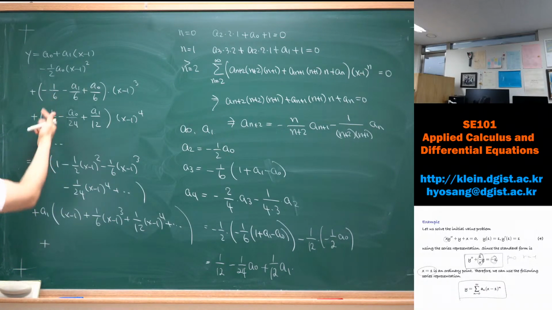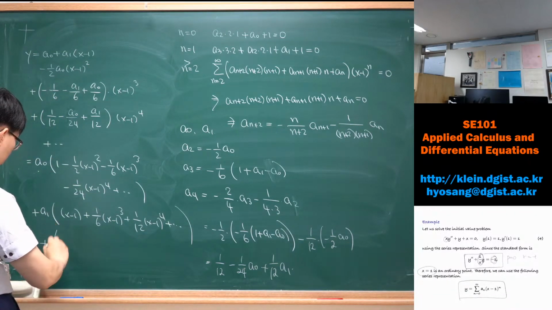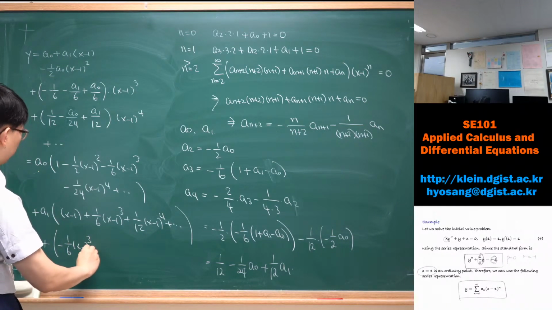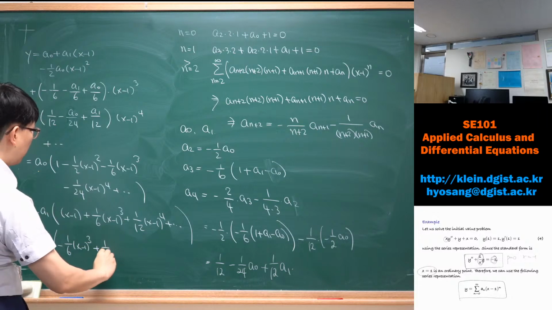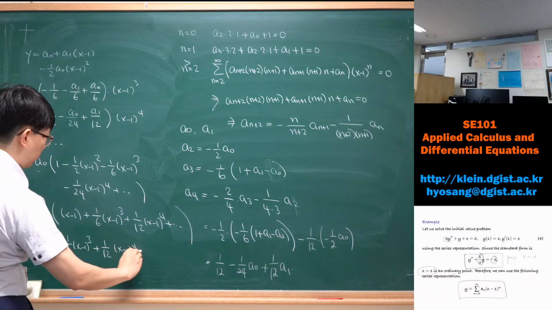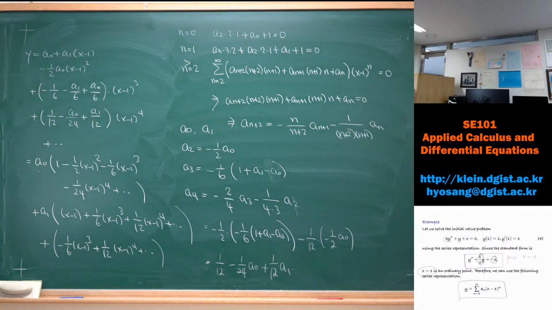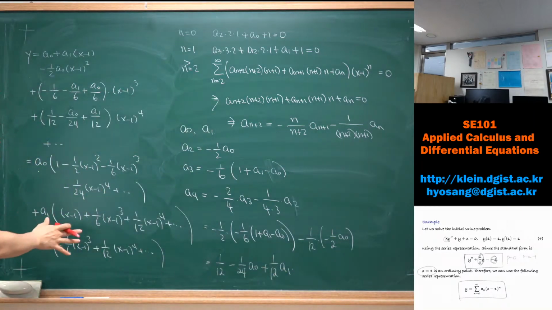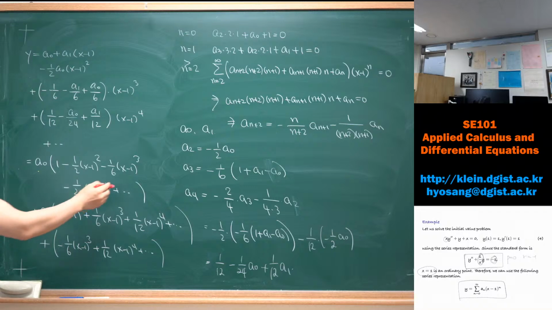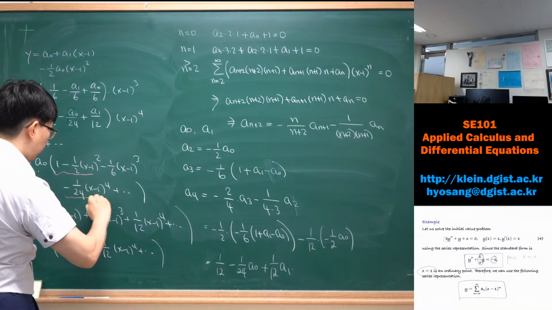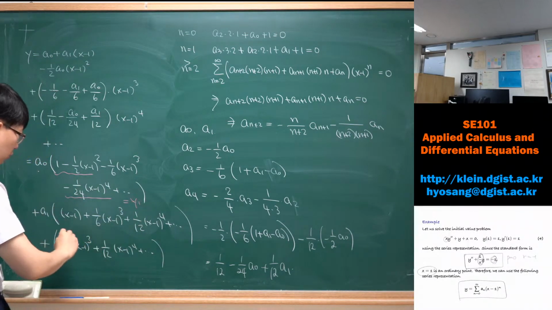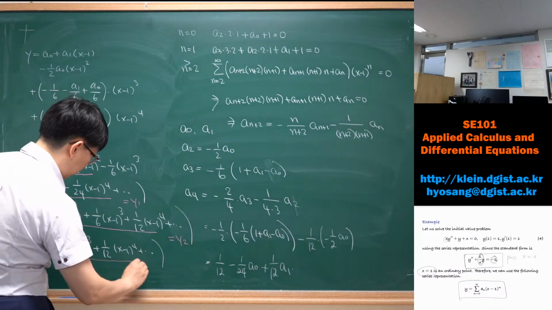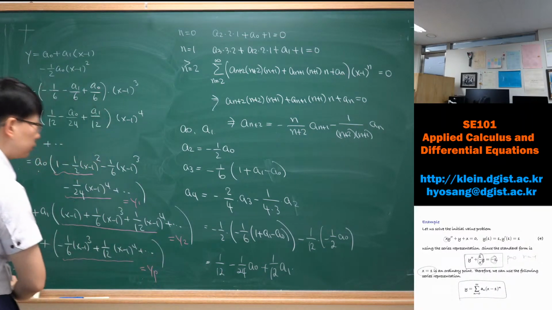And if I combine those terms, I have minus 1 over 6 x minus 1 cube and plus 1 over 12 x minus 1 to the fourth, and so on. So this is a general solution. What's the first part? So this is, let's say, y1, and let's say this is y2, and say that this is yp.